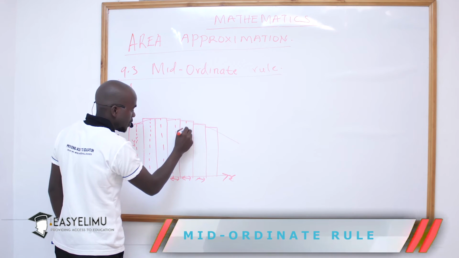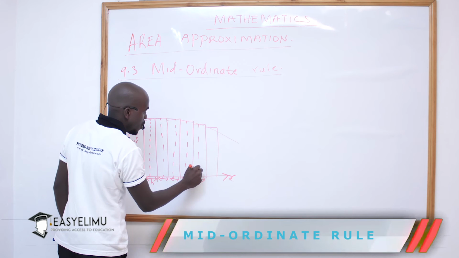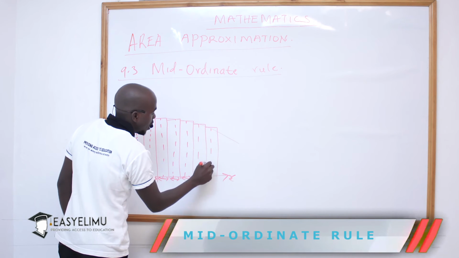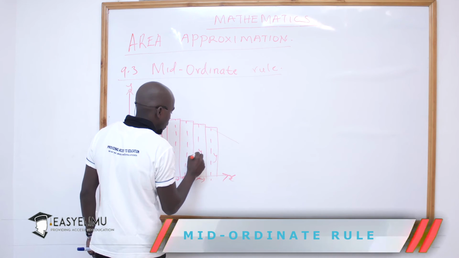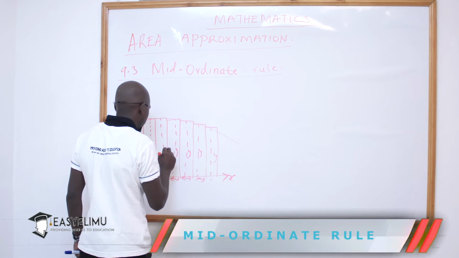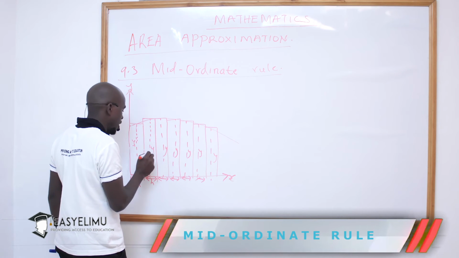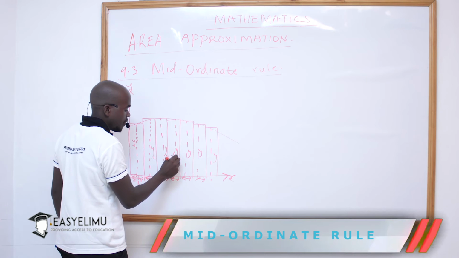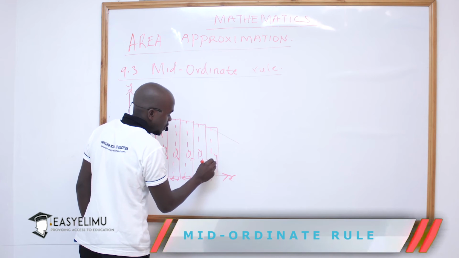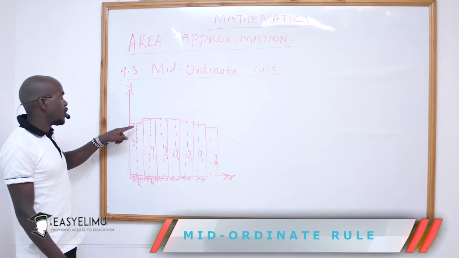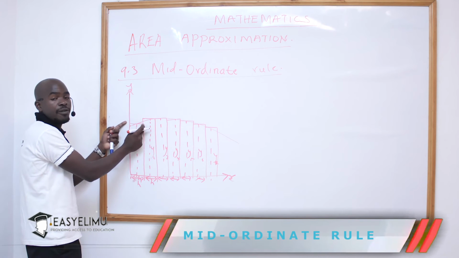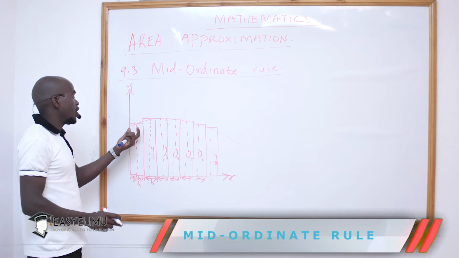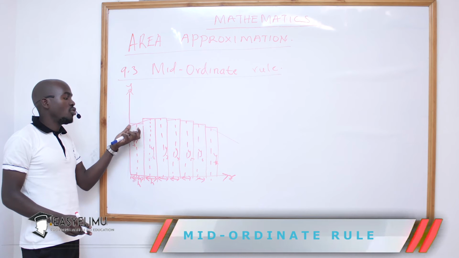You find your y's, for instance, like mine here, 1, 2, 3, 4, 5, 6, 7. If the curve was smooth, it should look like this.